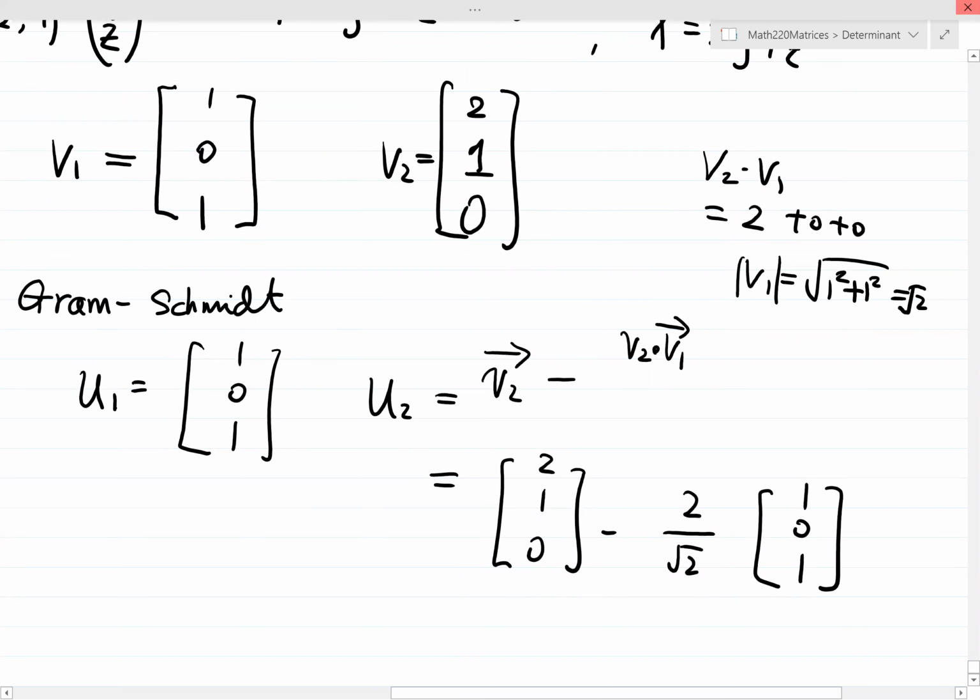Where did I get something wrong? Okay, U2 is this one, which will actually be orthogonal: v2 subtract v1.